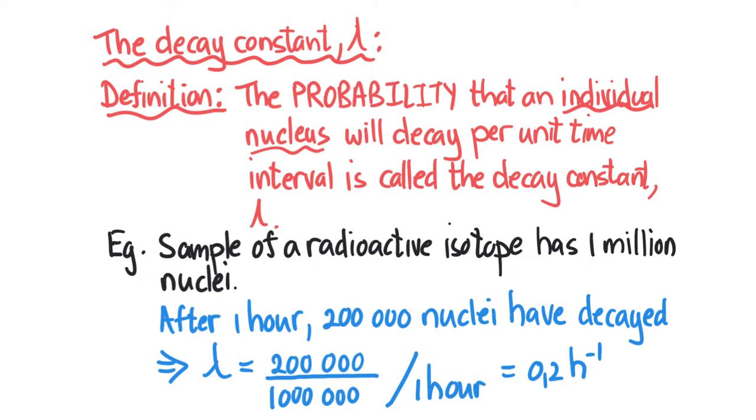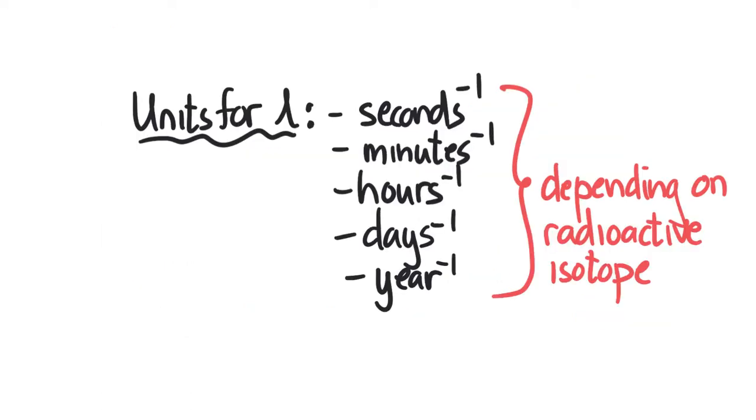We're going to find that that's 0.2, but this is the probability per unit time. Notice it was the probability per unit time interval. So this is important. Lambda is not just the probability, it's the probability per unit time. So this is going to be 0.2 per hour.